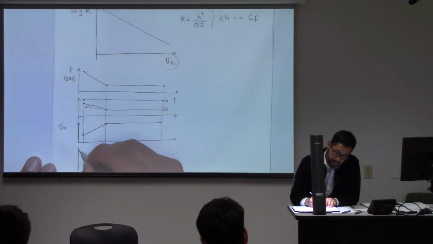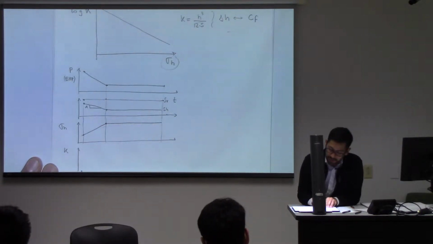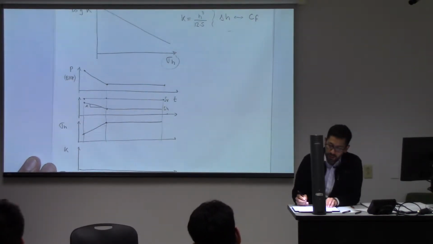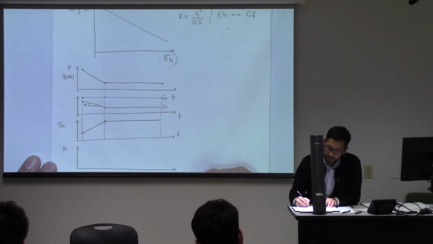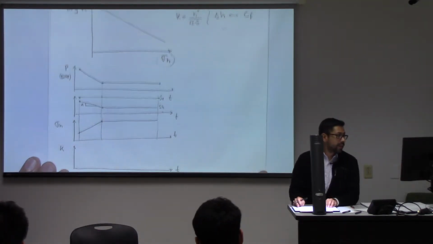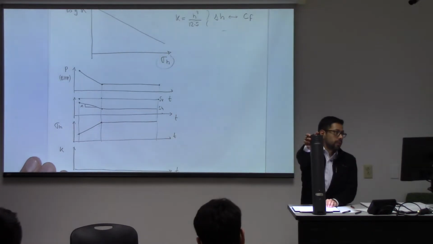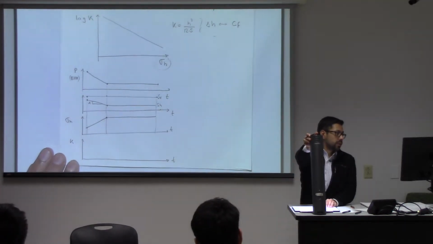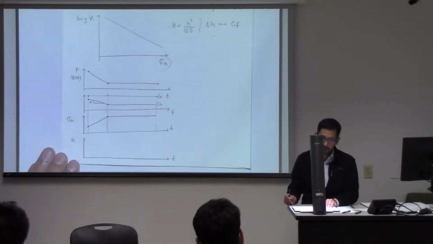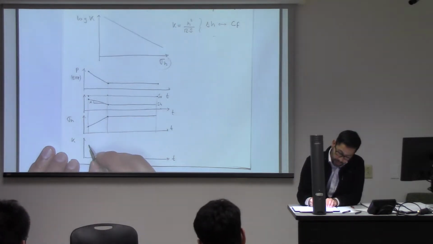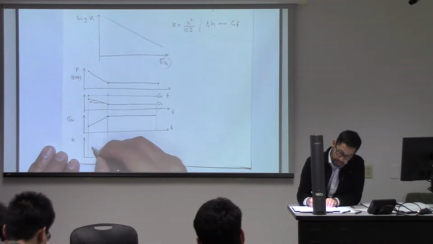And finally, for this first part, what's going to happen to permeability? If I increase sigma h with depletion, what's going to happen to permeability? It's going to decrease.